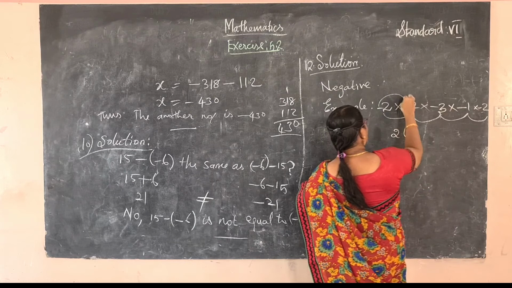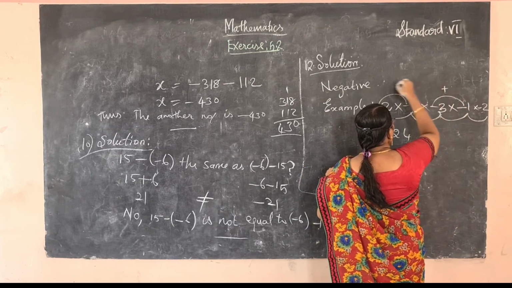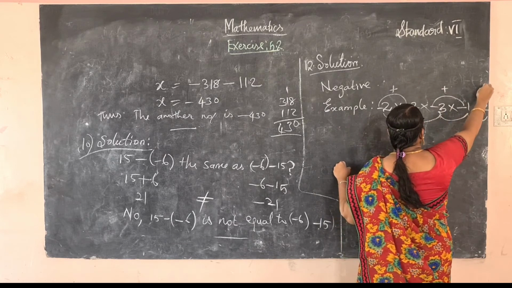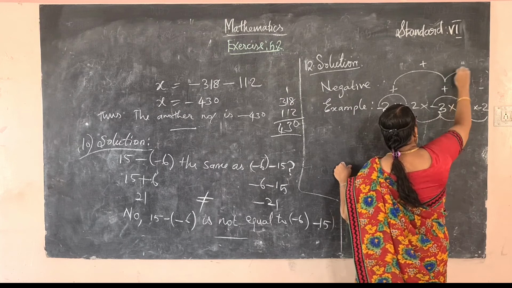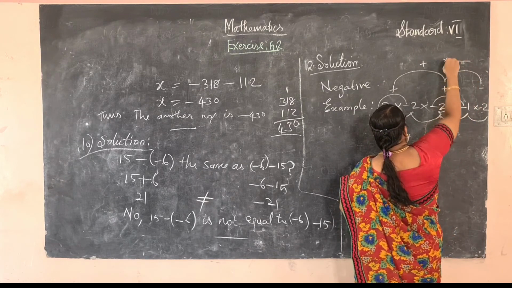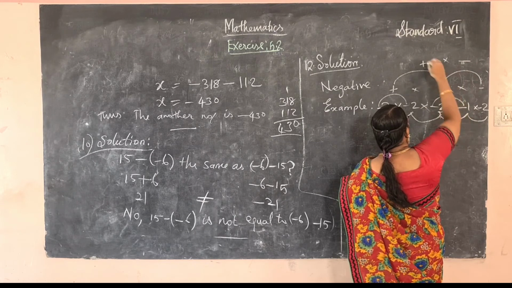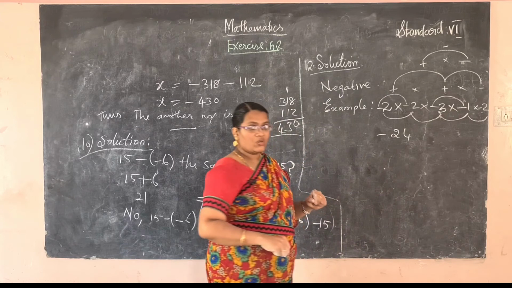Sign multiply: minus into minus plus, minus into minus plus. Here plus into plus plus, here plus into minus minus. Now here the operation is multiplication. Plus into minus minus, so answer is minus 24.